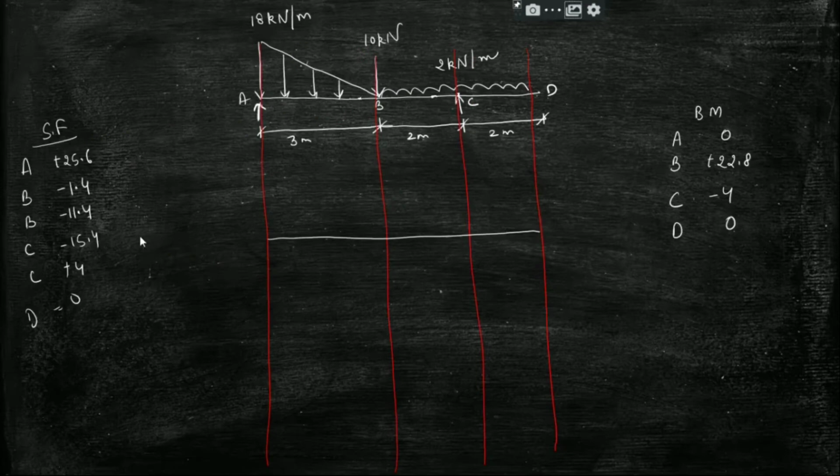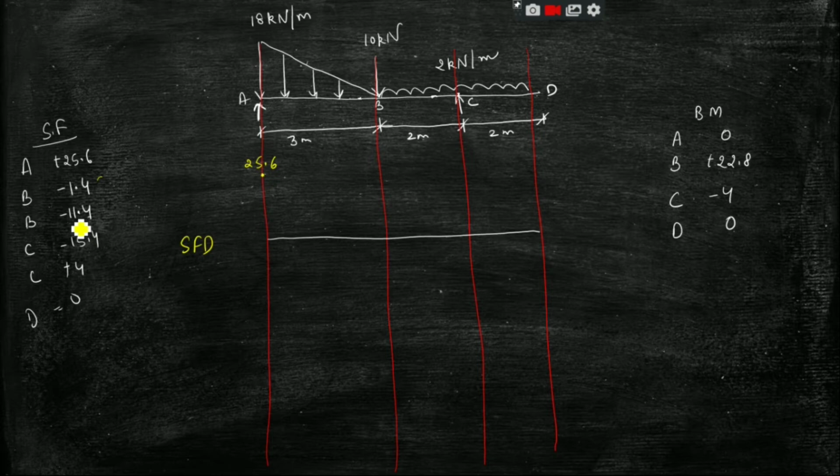Now we will plot the shear force and bending moment diagram. So I have written here the different values which we have obtained. So the shear force at A is positive 25.6. Shear force at B has two values, minus 1.4 and minus 11.4.